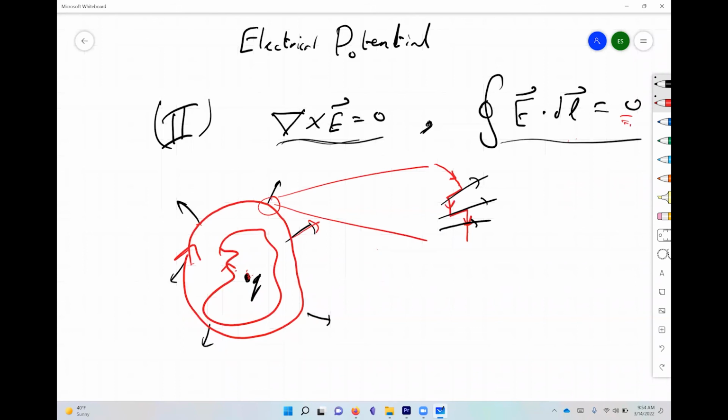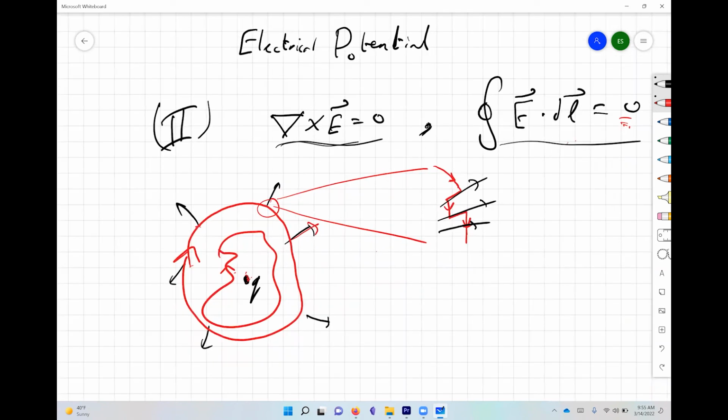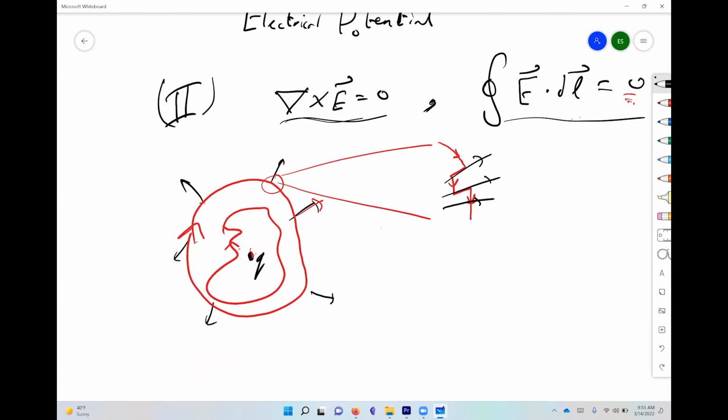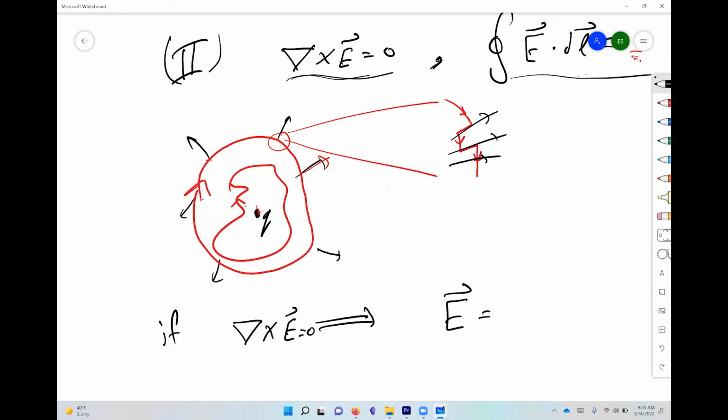How does this postulate introduce the electrical potential? Well, this is an irrotational field, and we said that any field where the curl is 0 can be written as follows. Remember when we discussed Helmholtz theorem, if this is 0, that means E can be written as the gradient of some scalar field, meaning a field that has a value at every point in space, not a directional field.